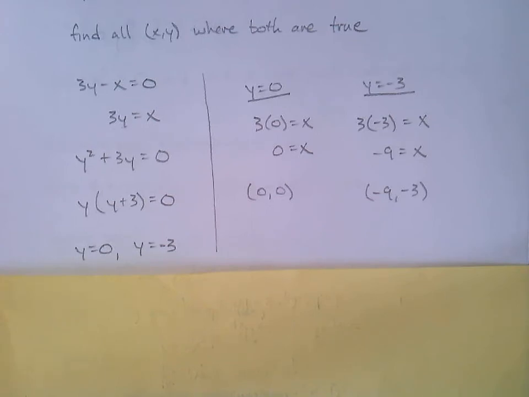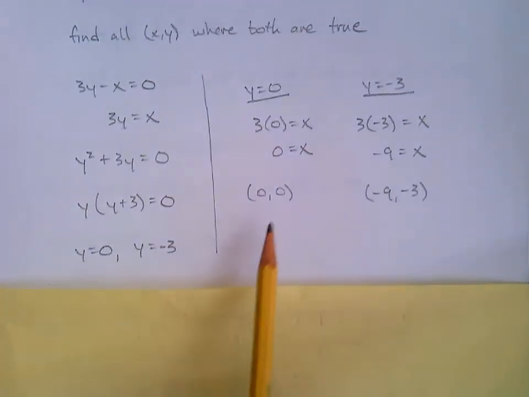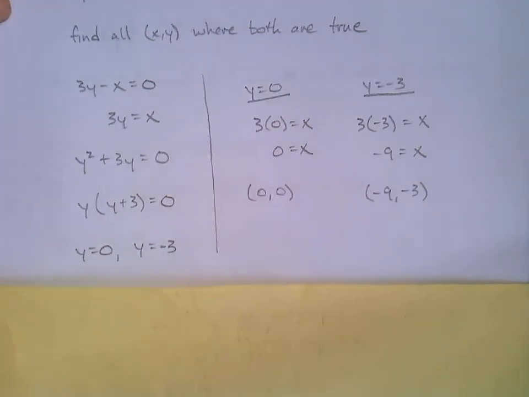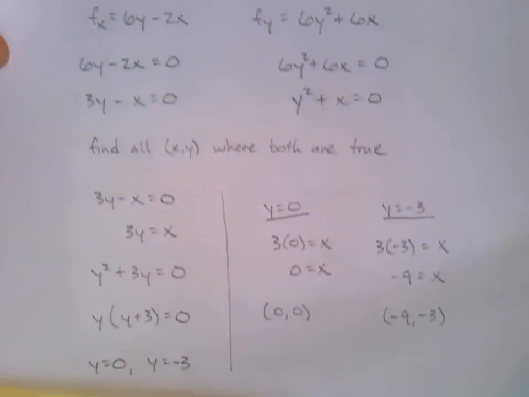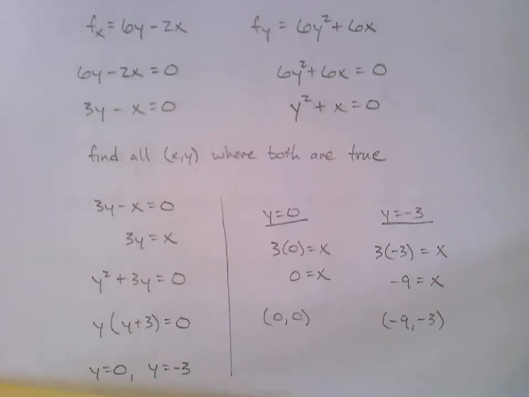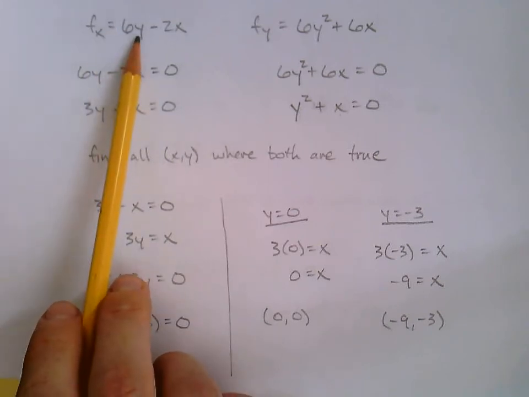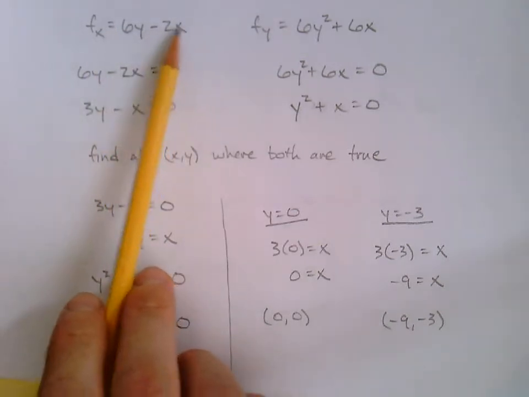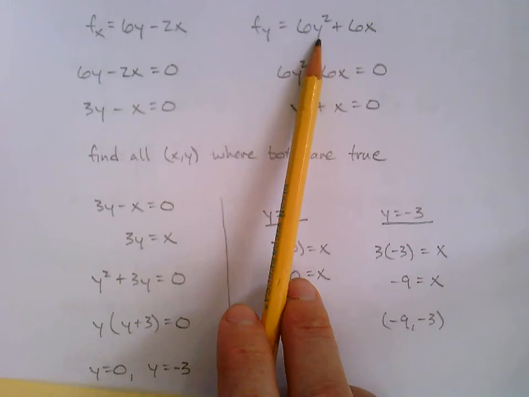Now it's probably a good idea, since we've solved the system here, to go back and confirm that both of these points really do make each of those first derivatives equal to 0. If I took both x and y as zeros and put it back here, x is 0, y is 0, well, I'd get 0 there, and I would get 0 here.